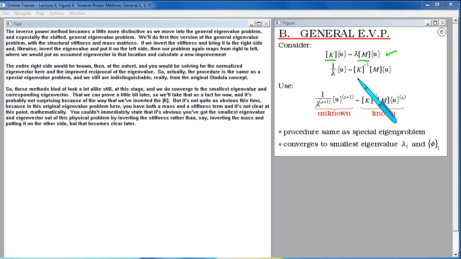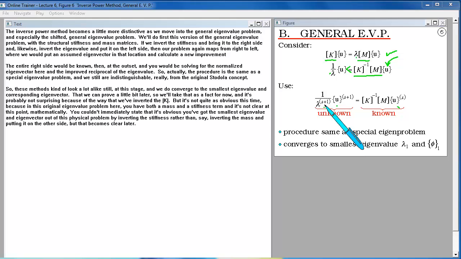If we invert the stiffness and bring it to the right side, and likewise invert the eigenvalue and put it on the left side, then our problem again maps from right to left, where we would put an assumed eigenvector in that location and calculate a new improved one. The entire right side would be known at the outset, and you would be solving for the normalized eigenvector here and the improved reciprocal of the eigenvalue.